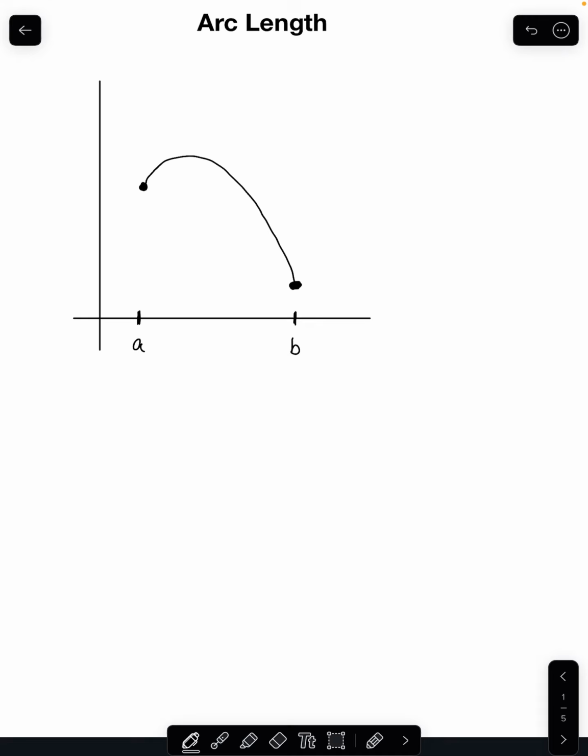Take, for example, the portion of the curve drawn here. This being a curve, its length is difficult to measure because we have no conventional method for measuring the length of a curve. We can measure straight line segments, but curves are a bit more difficult.